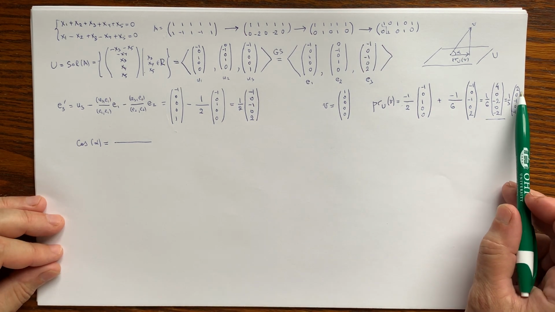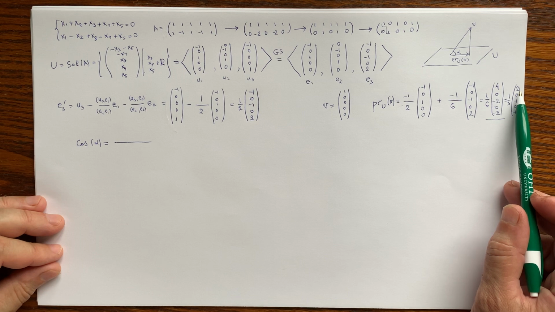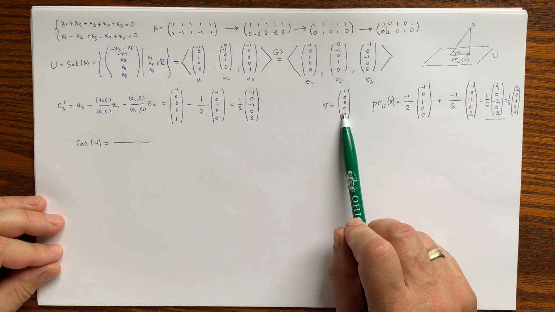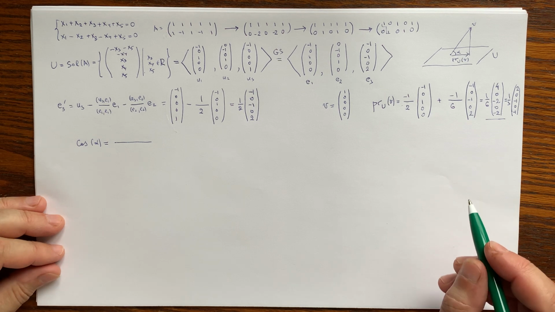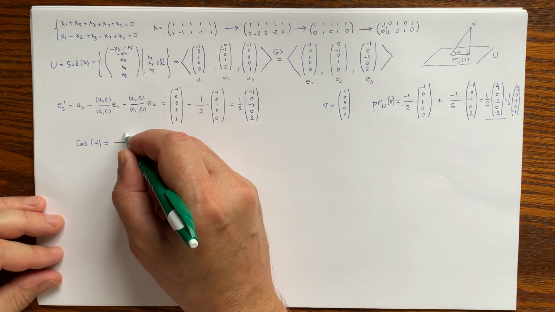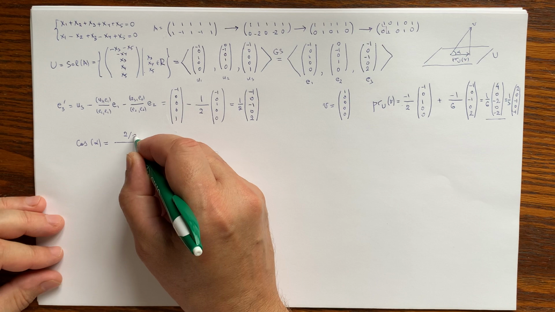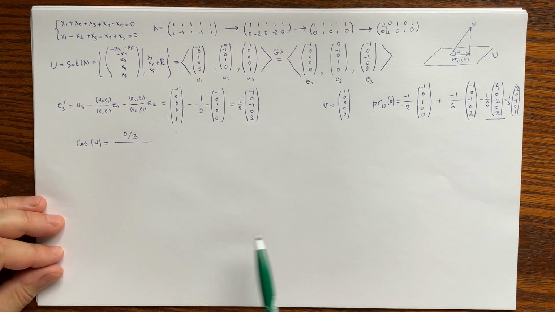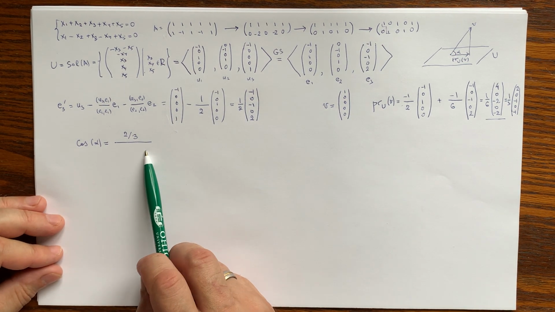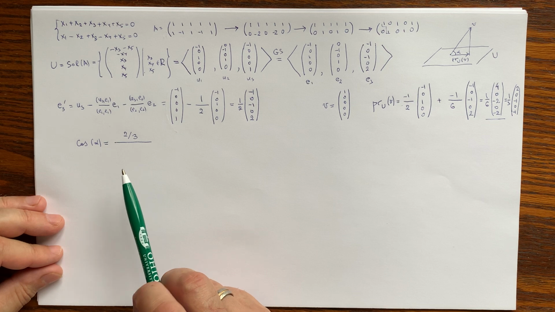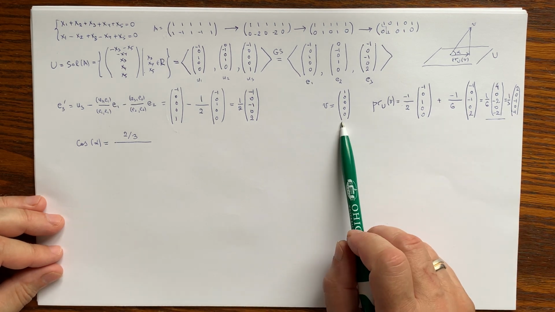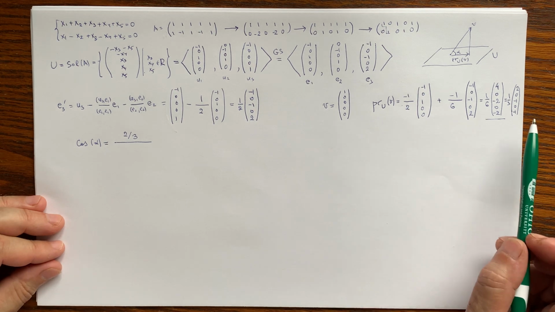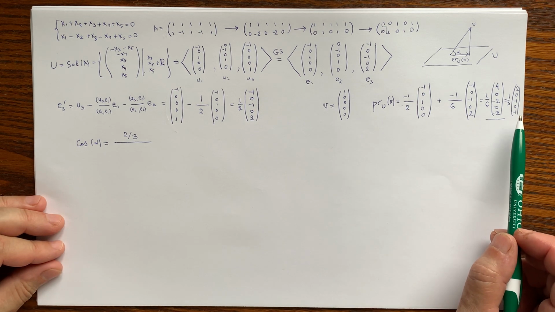And anyway, the scalar product of the vector and its projection is going to be 2/3. And in the denominator, we're going to have norms, not squared, but just norms of the vectors involved. The norm of the first vector is 1, so we don't care about it.